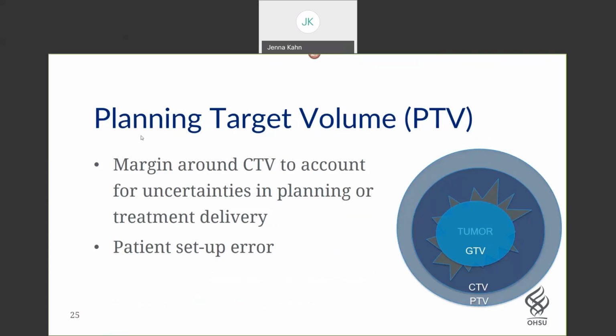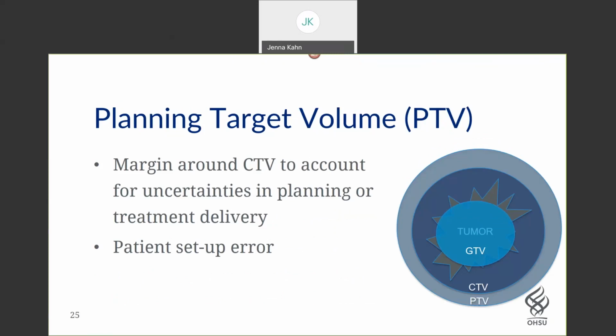Lastly, we put in a planning target volume, which is a PTV, and that's a margin around the CTV to account for uncertainties in planning or treatment delivery. It brings back that intrafraction and interfraction thoughts, and we think of patient setup error every day.